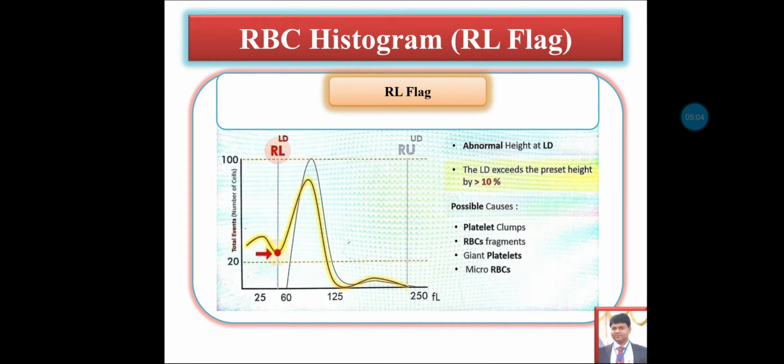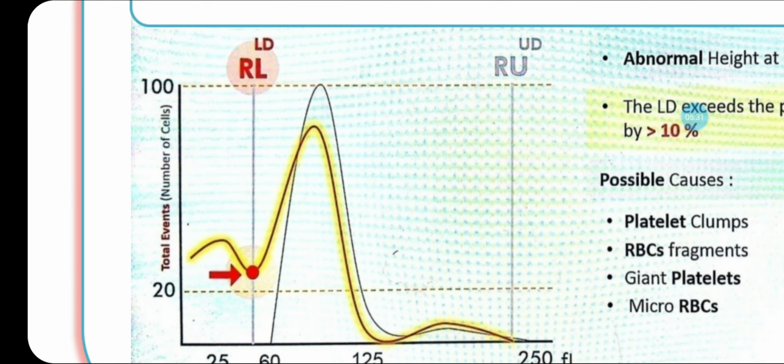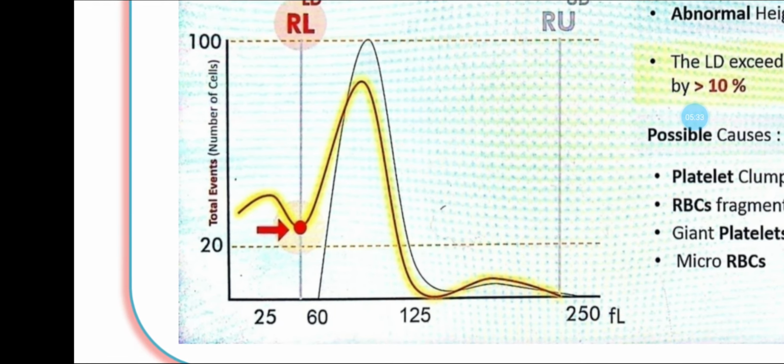Before discussing these platelet histograms and their interpretation in relation to the various pathological conditions, we should also know about the RBC histogram, because in order to rule out abnormal or false high platelet counts, it is very important to know about the RBC histogram and the RL flag. In the curve you can see the RBC histogram.